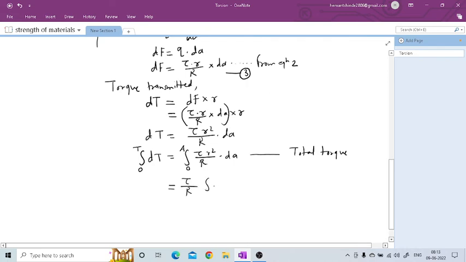So it is integration of r square dA, and the integration of dT will be T minus 0, which is T. So this is the total torque.